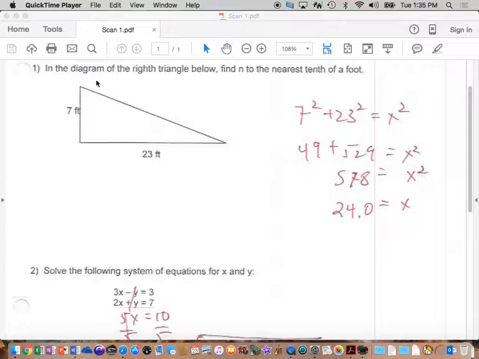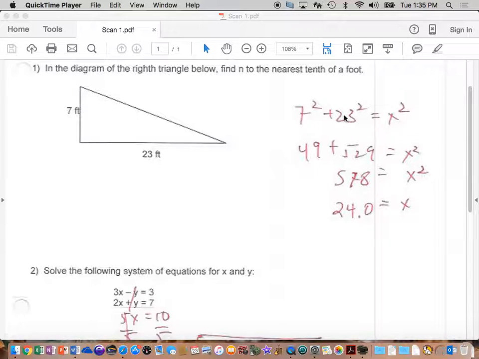All right, so the first one's a very straightforward diagram of a right triangle, and it asks you to find the length of the hypotenuse, the missing length. Now, it's a right triangle, so we start thinking to ourselves, leg squared plus leg squared equals what? So here's the two legs, 7 and 23.